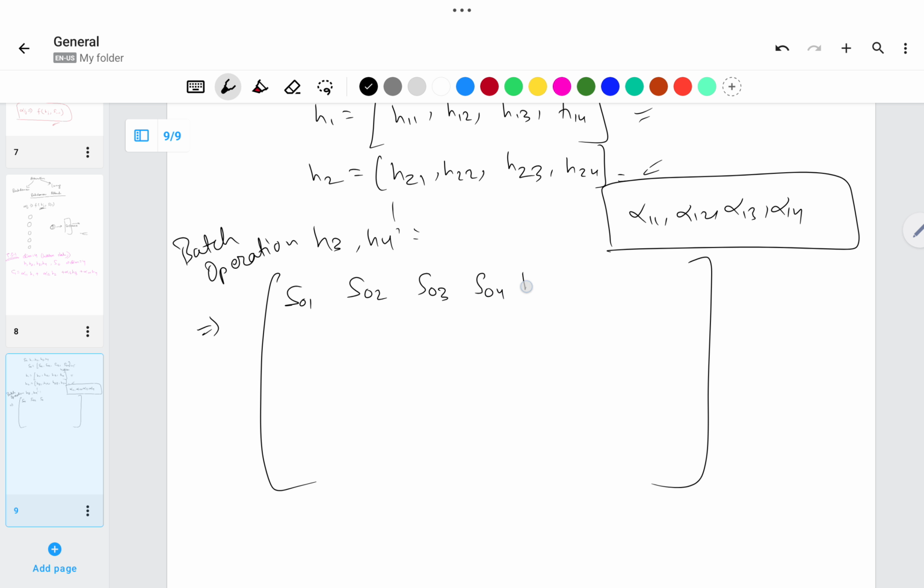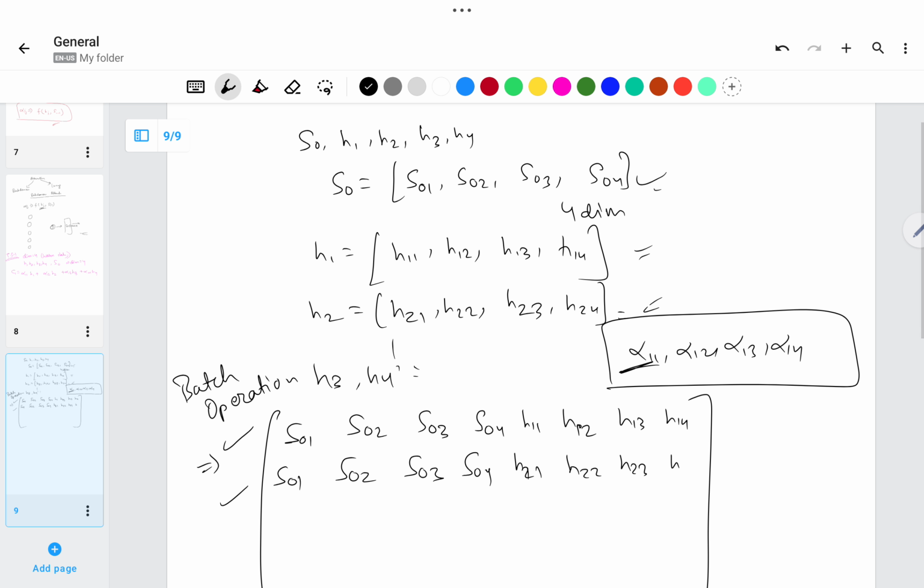So this is the first row. We can also pass them in the order of rows. So first we will pass the first row, then the second one. But here we want to calculate them in the form of a batch operation. So parallelly we want to compute these values. We want all 4 values together. This is how the concatenated vector of all these above vectors will look like.